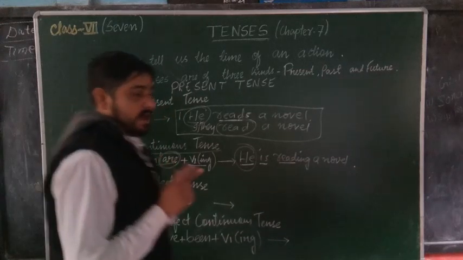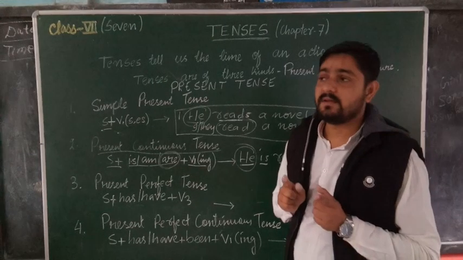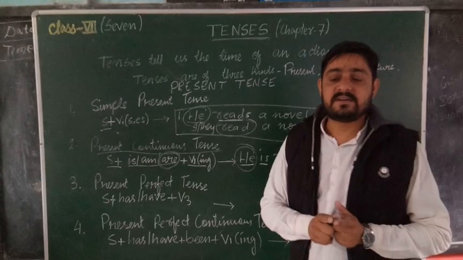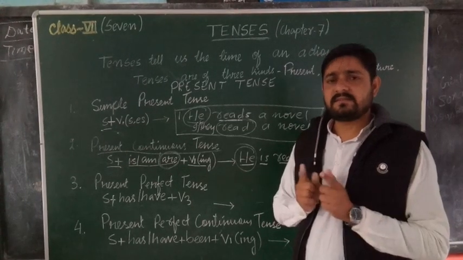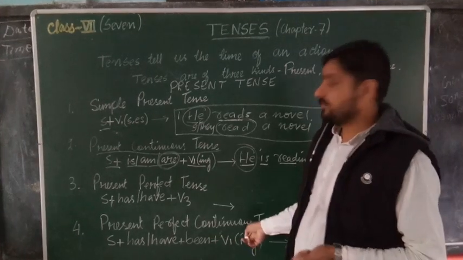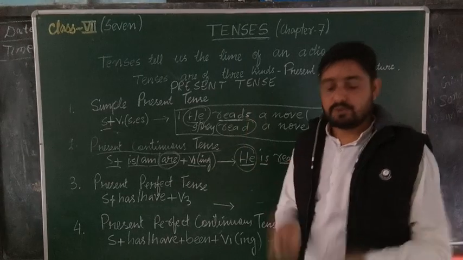Whenever you find continuous, you need to put ing. If ing is there in any sentence, then it is continuous, maybe present continuous or perfect continuous.